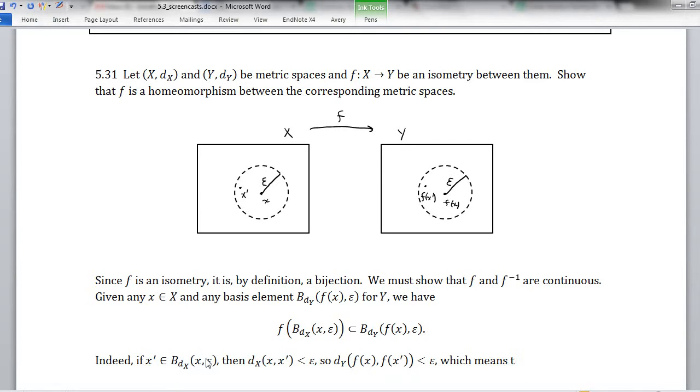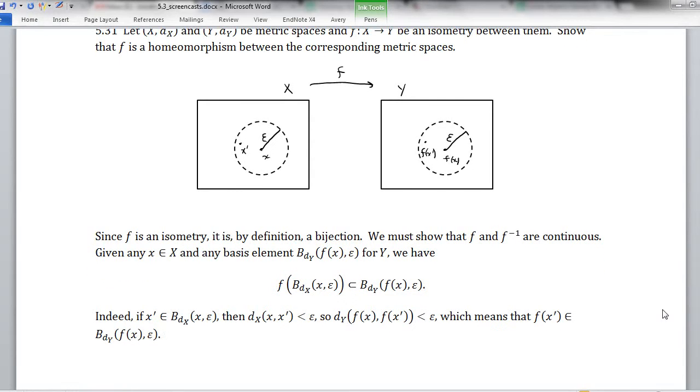That means that f of x prime is in the ball with respect to the Y metric about f of x of radius epsilon. As desired, we took an x prime in here, applied f to it, and showed that we ended up in this ball. So f is continuous.